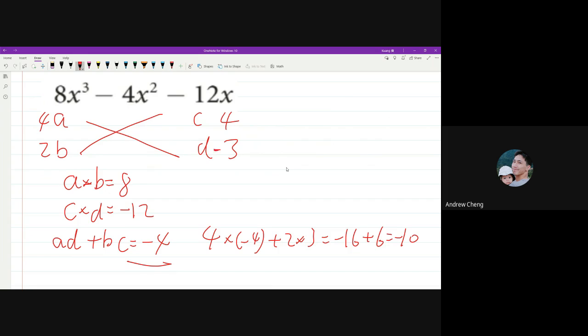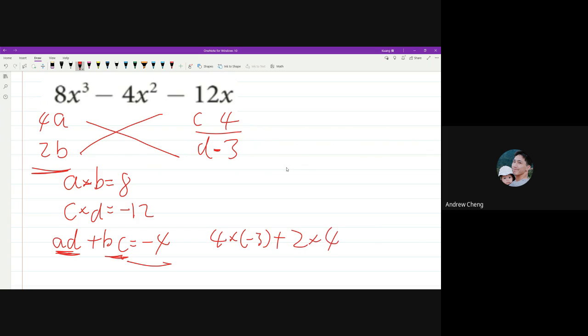Oh, it should be here, right? Okay, let me try again. AD will be 4 times -3 plus BC, which will be 2 times 4. That will be -12 plus 8. It's -4. Oh, yes, it's the result I want.